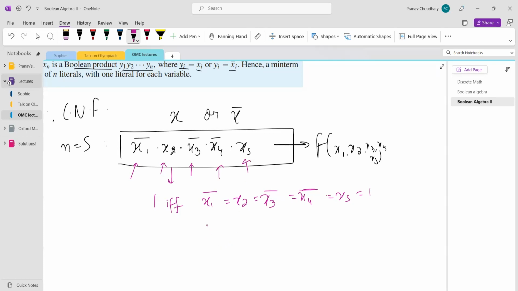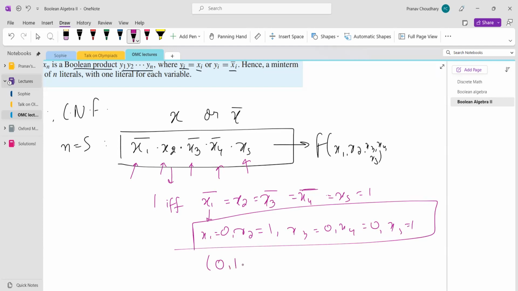So this means that x1 should be 0, x2 should be 1, x3 should be 0, x4 should be 0, x5 should be 1. So at the point 0, 1, 0, 0, 1, this thing is 1. And apart from all these points, it's 0.